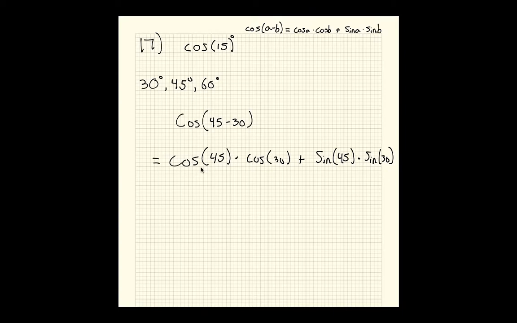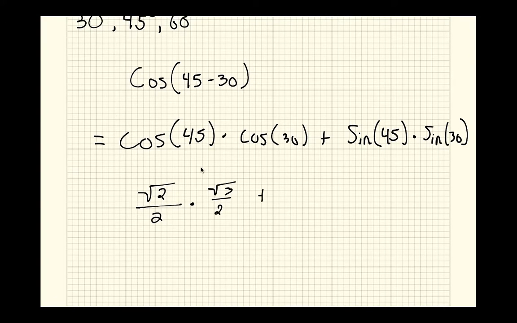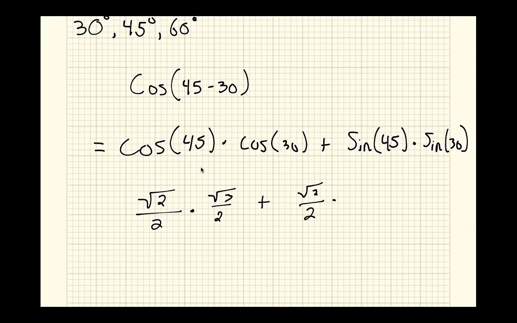So remember cosine 45, if you look on the unit circle, that should be root 2 over 2. Remember, cosine goes with x. Cosine 30 is going to give me root 3 over 2. Add to that, the sine of 45 is root 2 over 2 times the sine of 30, which is 1/2.